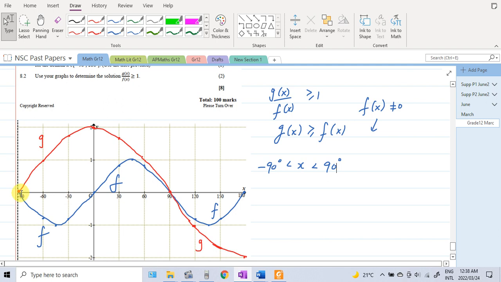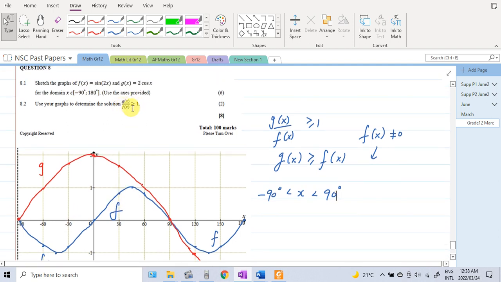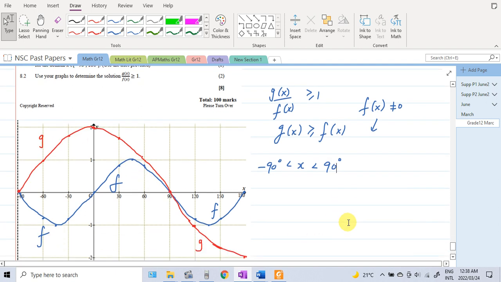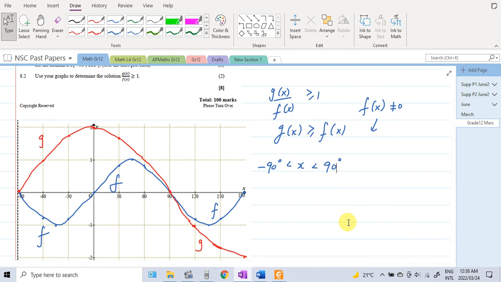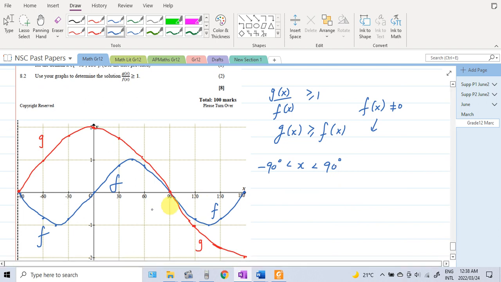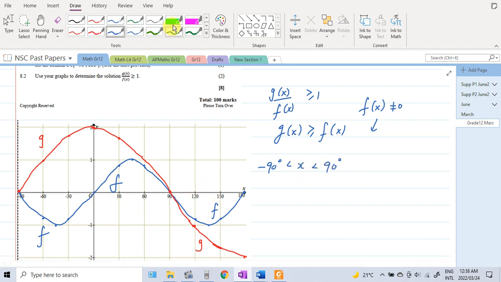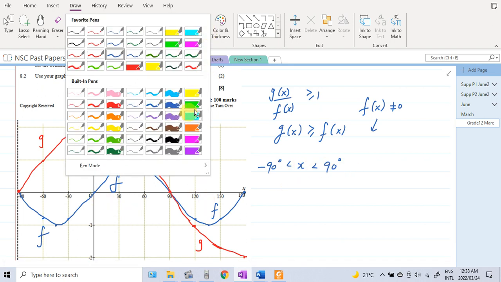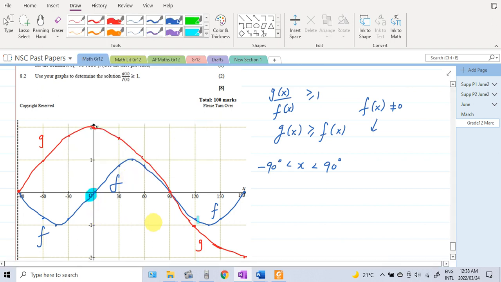So from minus 90 to 90, but remember we got a problem over here at 0, because sine of 0 will be 0, so you can't say from minus 90 to 90.